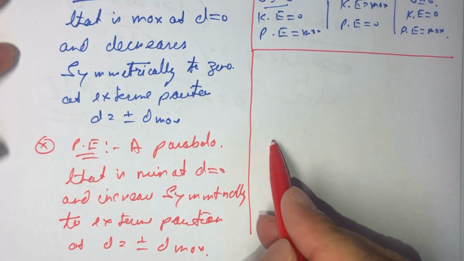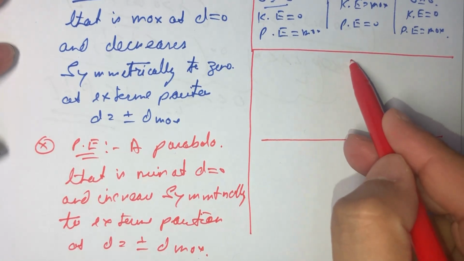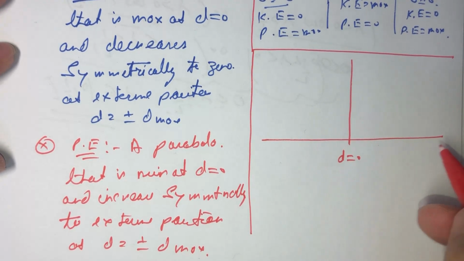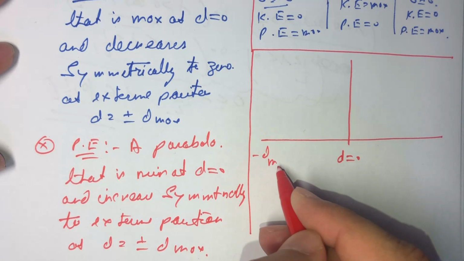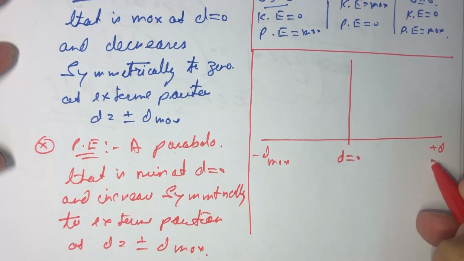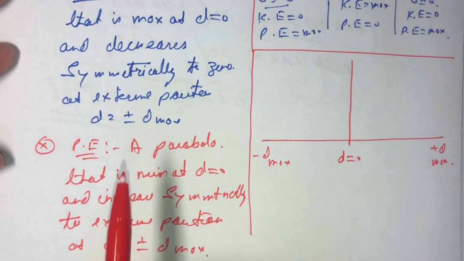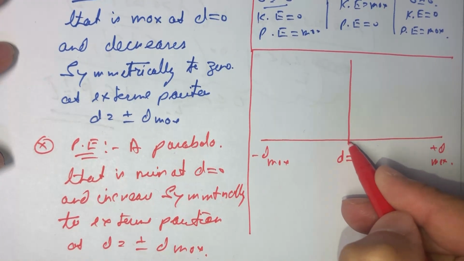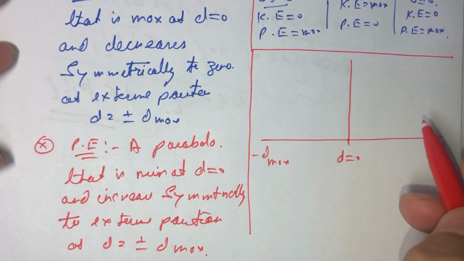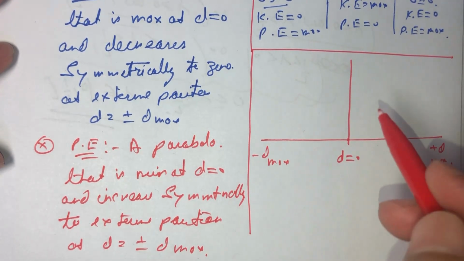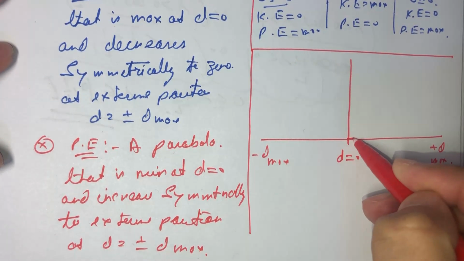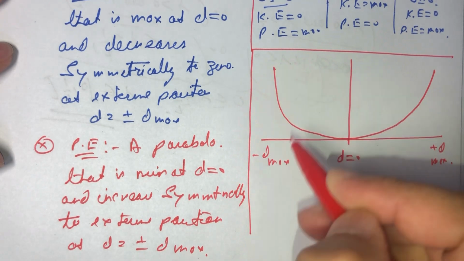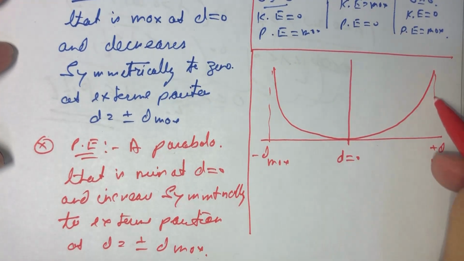So we can plot the graph. This is our mean position when d is equal to 0, and let us suppose this is minus d max and this is our plus d max. So we know the parabola potential energy is minimum at d equal to 0. It means the potential energy is going to start from this point and it is going to increase symmetrically to both ends, like this, and from here also it is going to increase like this to the maximum d value.